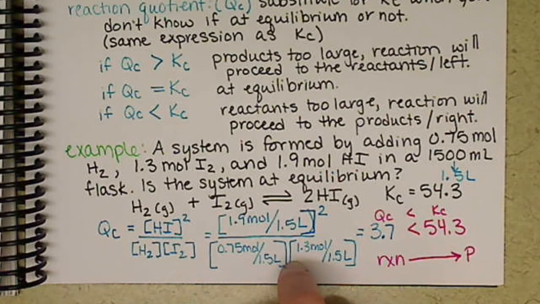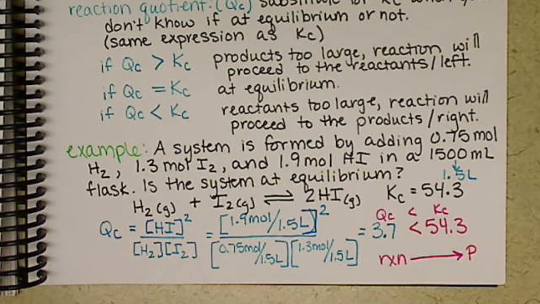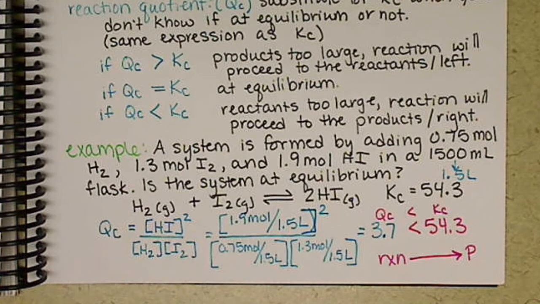Depending on the stoichiometry and how this is set up, not all reactions will have the volume cancel out that way. So when you plug values into your square brackets, always use molarity. In this case it just happened to work out, but definitely make sure that you are keeping appropriate track of that.